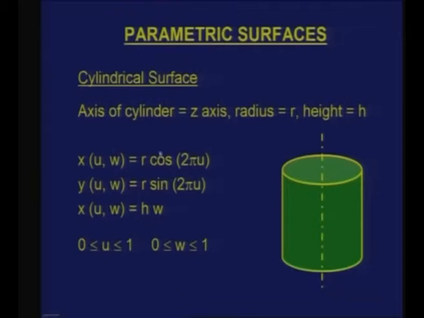But do you think this is unique? If this is the input, axis of cylinder is z axis, radius is r and height is h, is this equation unique, or can there be some changes?